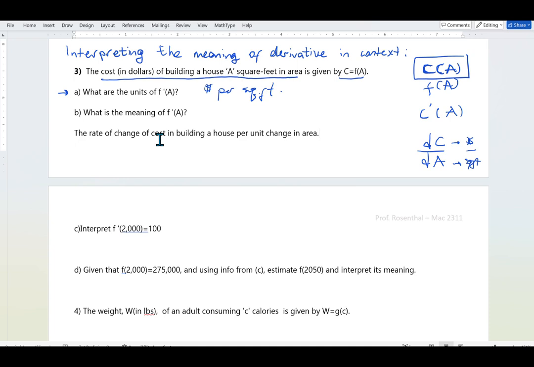So what this really tells us is, roughly speaking, cost per square foot. So per unit change in area, that could be like when the area changes by 1 square foot, how would the cost change? So this will roughly tell us cost per square foot.